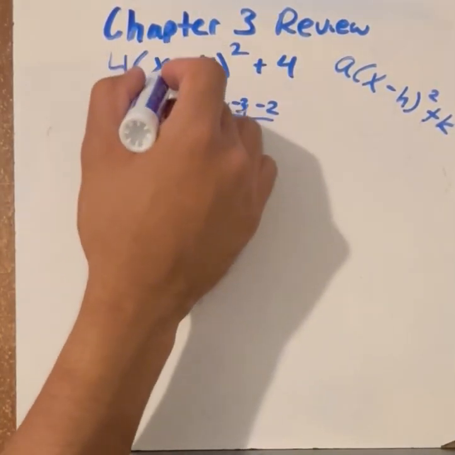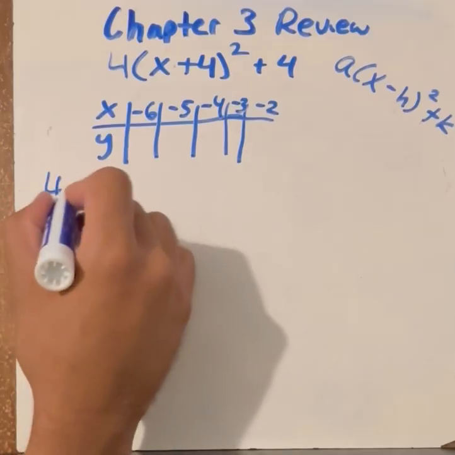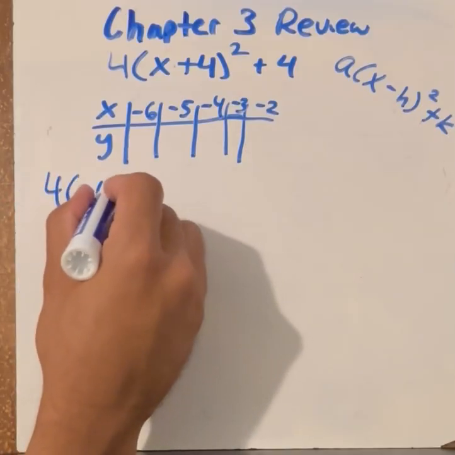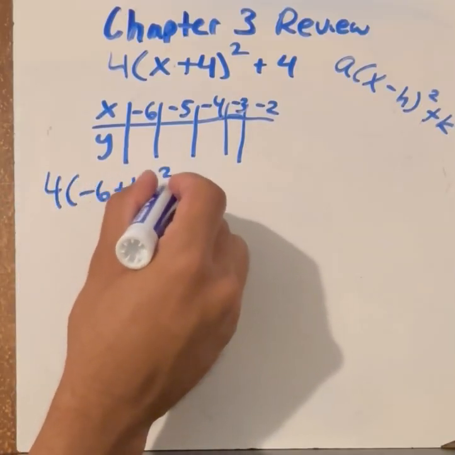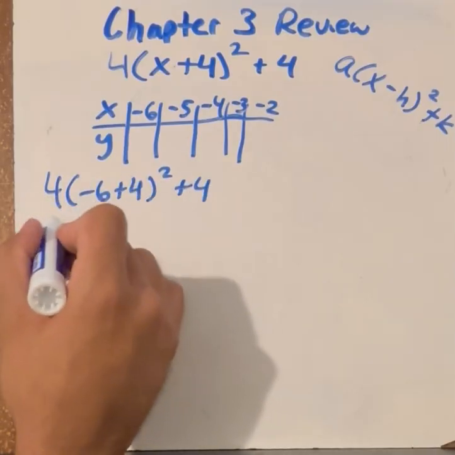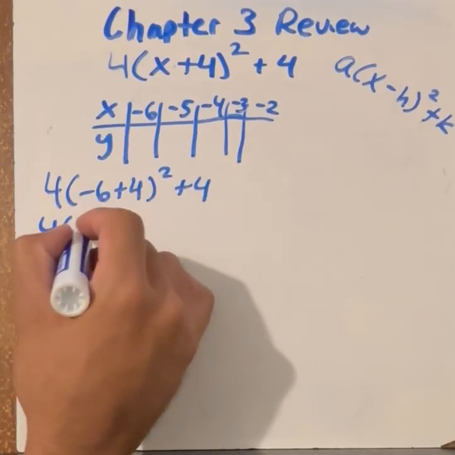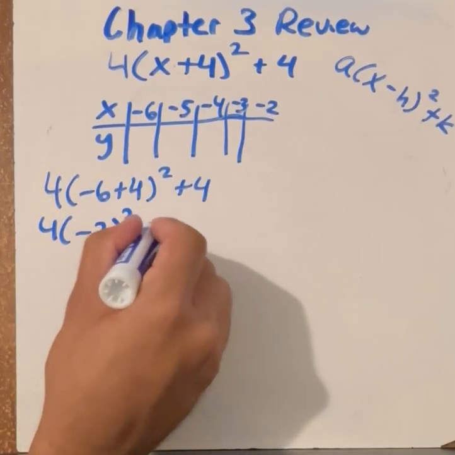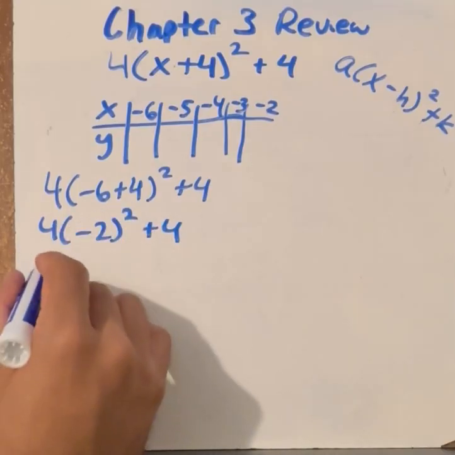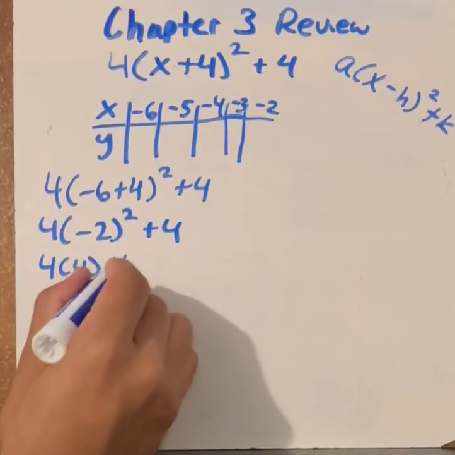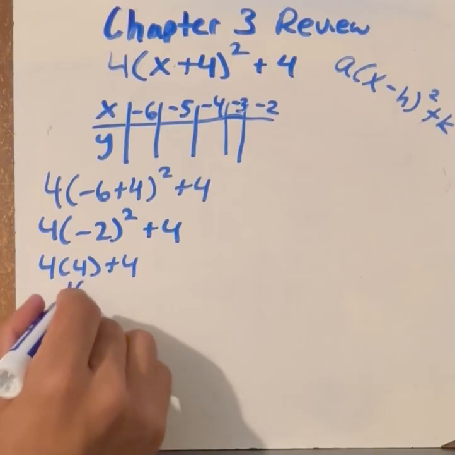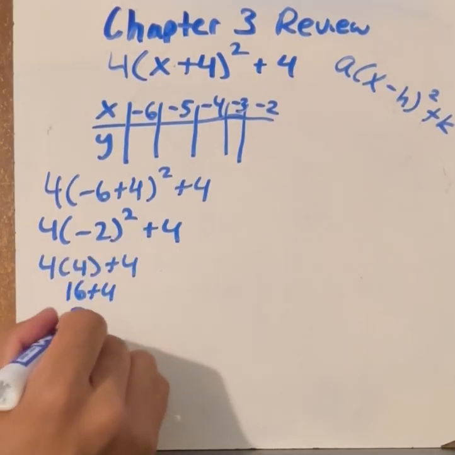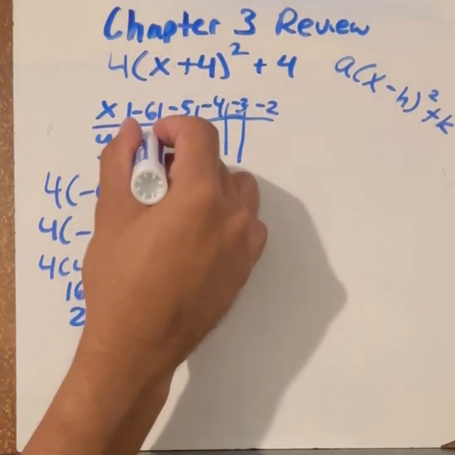So plugging in negative 6 into here, we get 4 times negative 6 plus 4 squared plus 4. So this is negative 6 plus 4 is negative 2 squared plus 4. Negative 2 squared is 4, so 4 times 4 plus 4, we get 16 plus 4, which is 20. Okay, so this is 20.